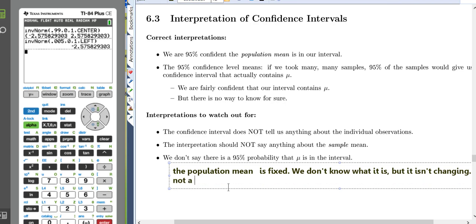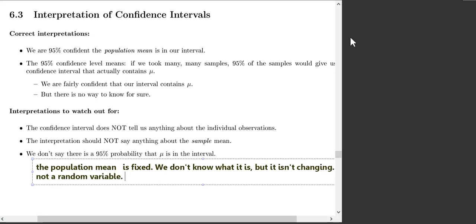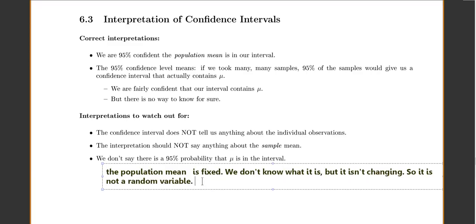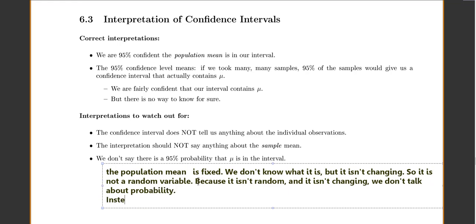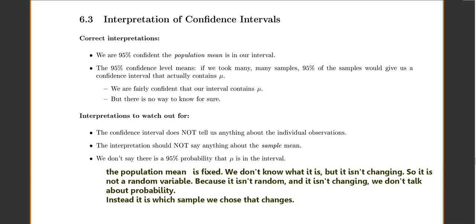So it is not a random variable. Because it isn't random and it isn't changing, we don't talk about probability. Instead, it is which sample we chose that changes. And that affects our sample mean and our actual confidence interval. But the population mean mu itself is fixed. It's not changing, so there's no probability attached to our mean mu.